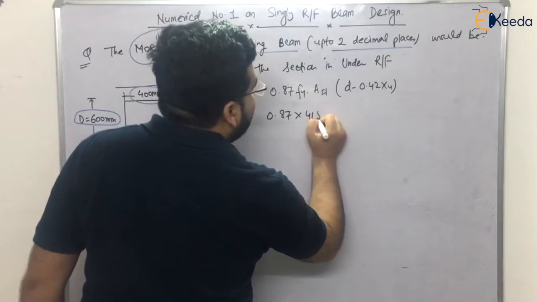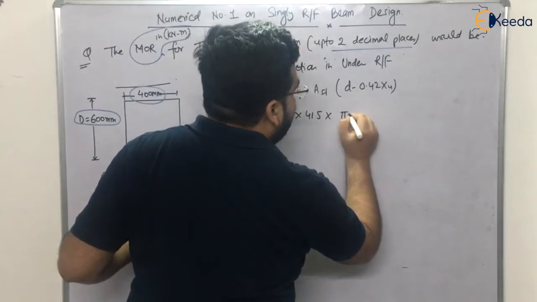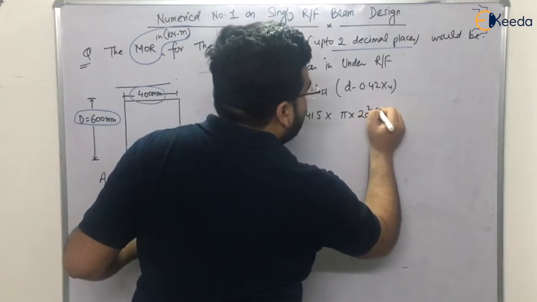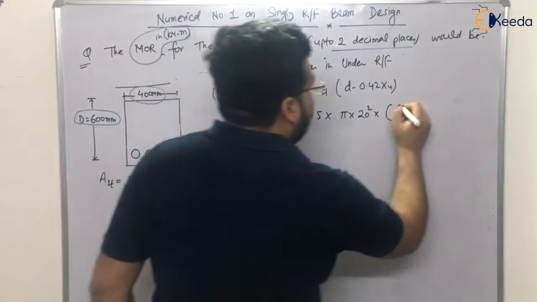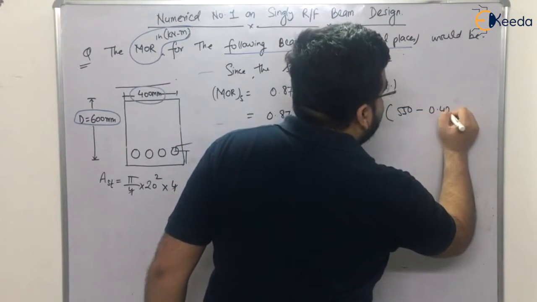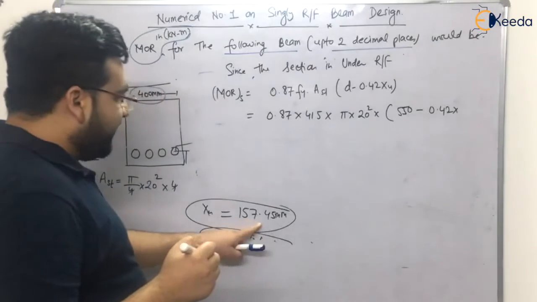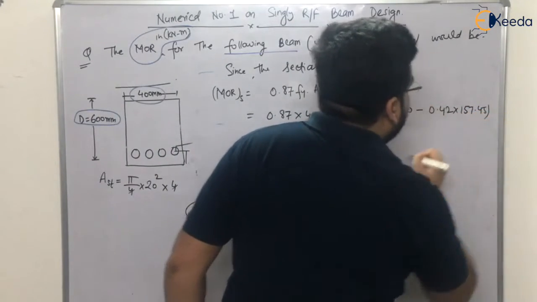0.87 Fy is 415, area of steel is pi into 20 square by 4, into bracket you have d. How much is d? 550. 550 minus 0.42 into 157.45.